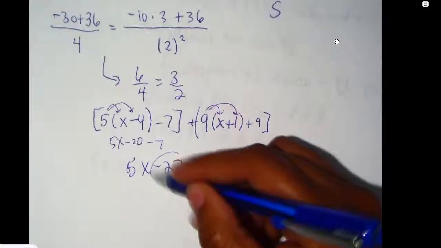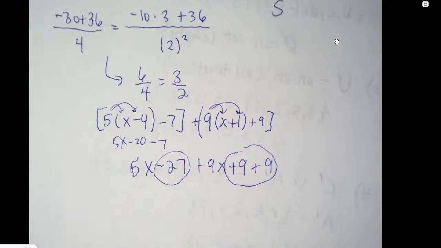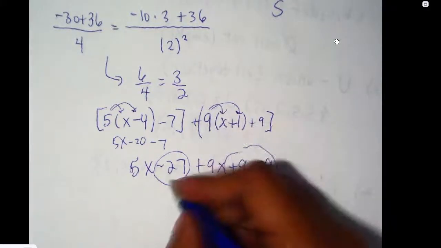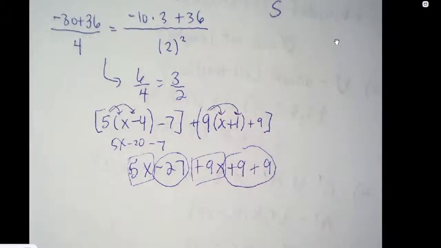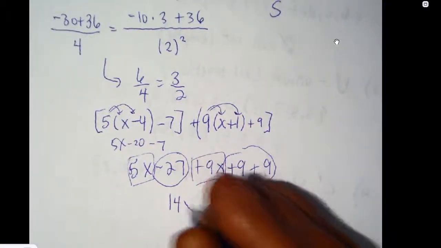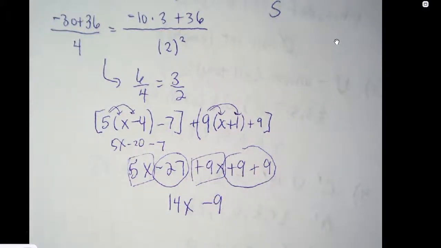So now let's just combine like terms. So we got negative 27 plus 18. That gives me negative 9. And then I'm going to add these two together too. So I have 14x minus 9. That is the answer for number 9.